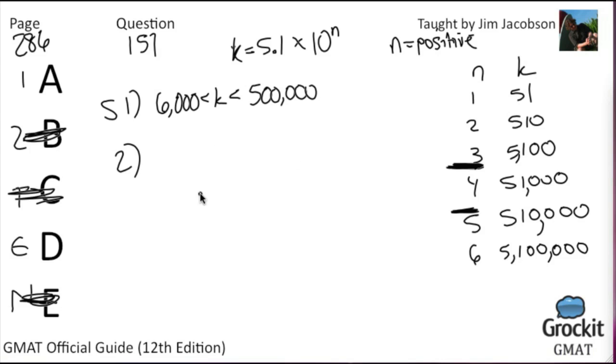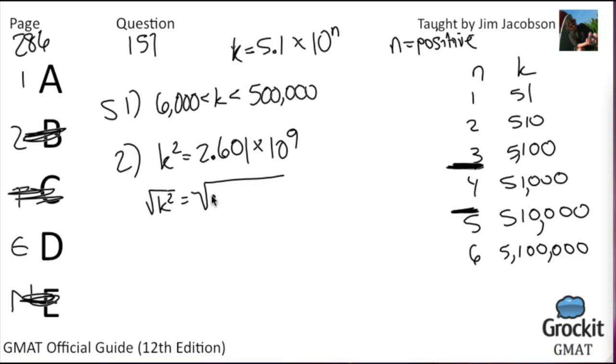Statement 2, k squared equals 2.601 times 10 to the 9th. Wow, okay. So to solve for k, we would just take the square root of both sides. So the square root of k squared equals the square root of 2.601 times 10 to the 9th.